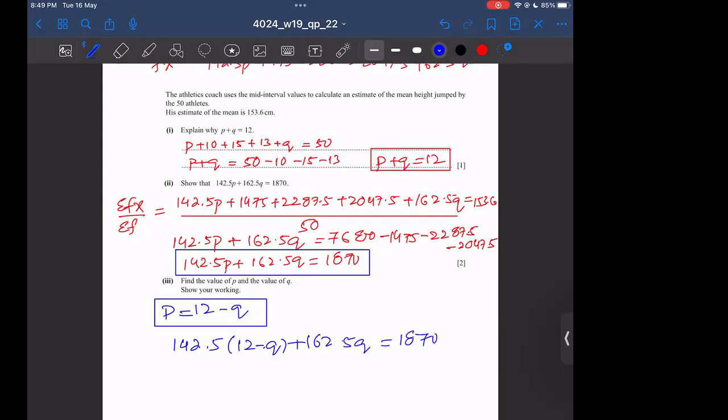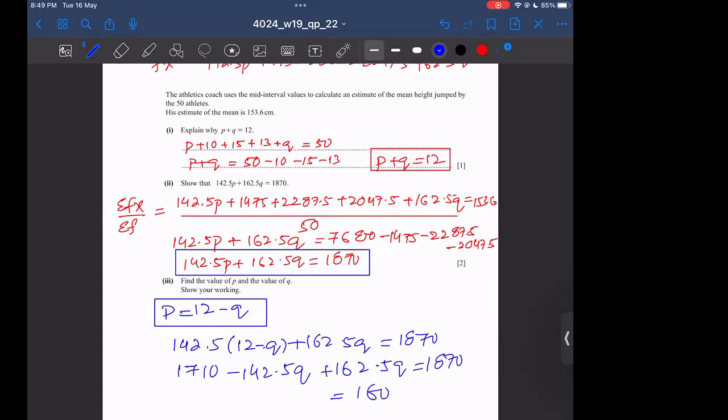Now 142.5 multiplied by 12 is 1710. 142.5 Q plus 162.5 Q, 1870. So 1870 minus 1710, 160.